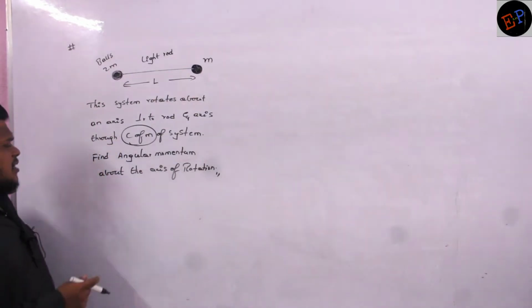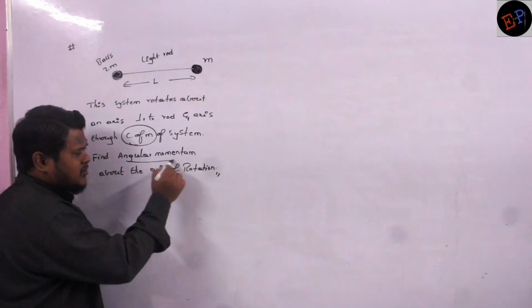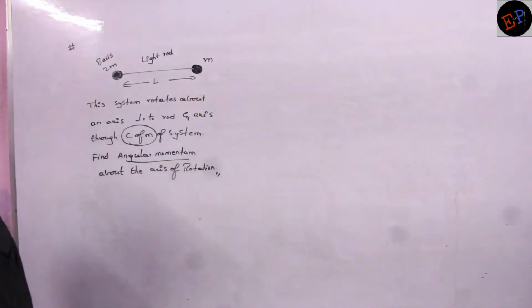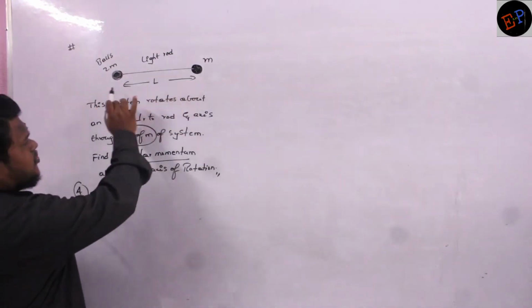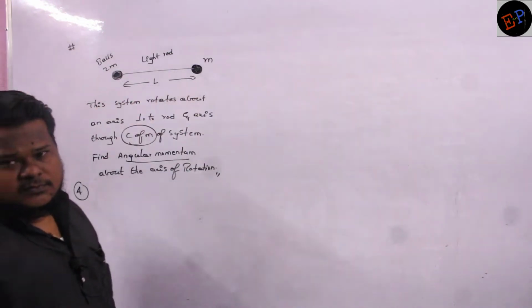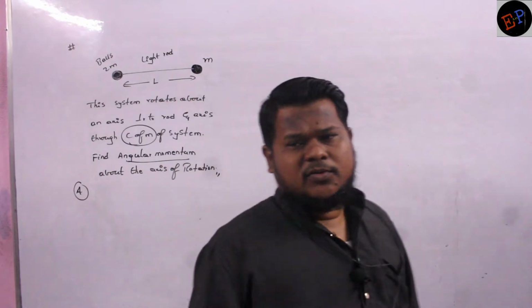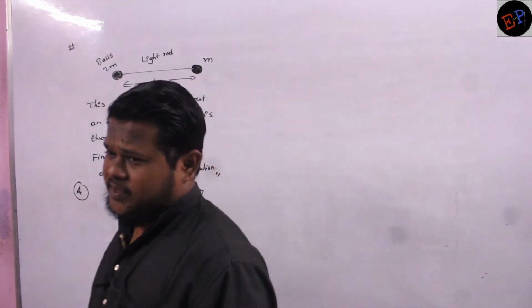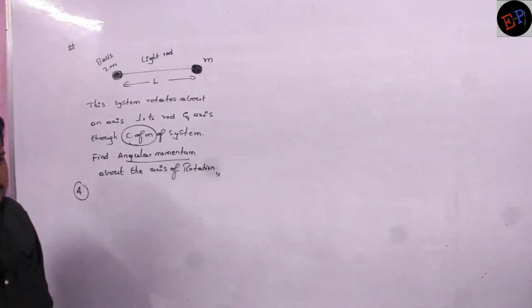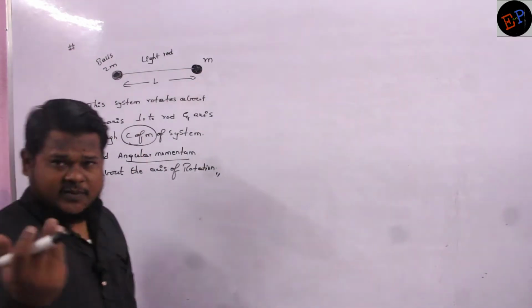Then about that axis what will be the angular momentum that I want to calculate. Clear? Okay. So first of all, see, this is a two particle system. And for two particle system, where will be the position of center of mass?